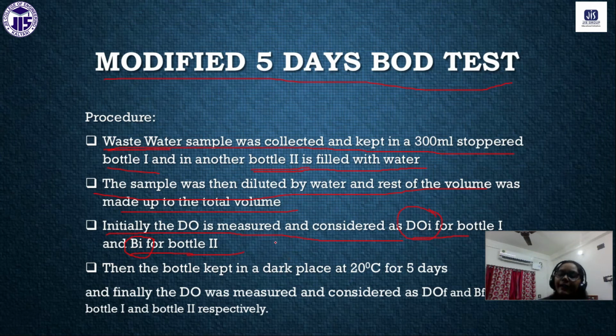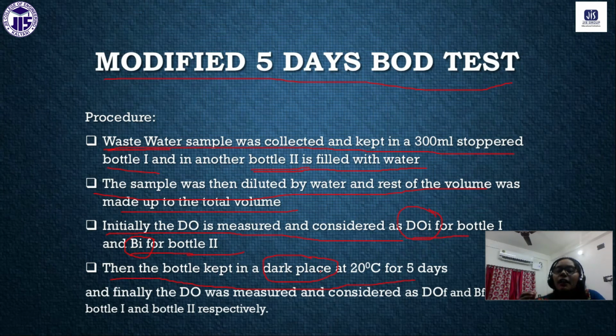After that, the two bottles are kept in a dark place at 20 degrees centigrade for 5 days. Now, one question I have: why are the bottles kept in a dark place every time? Because the BOD reaction is photosensitive.